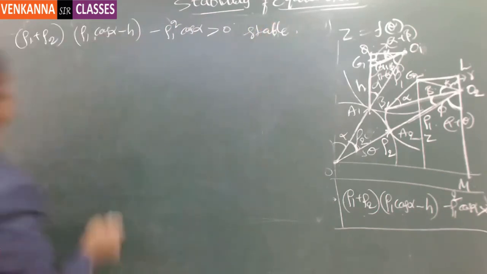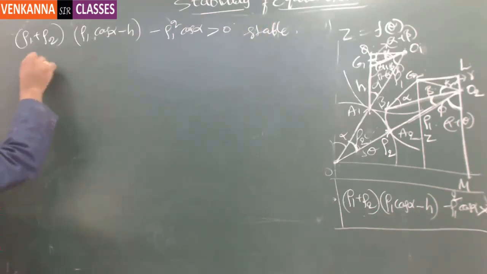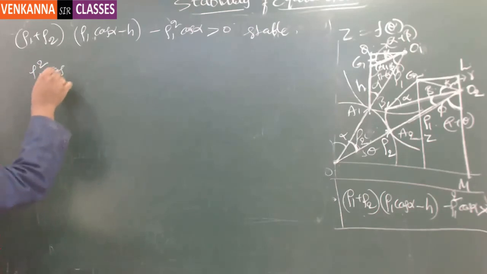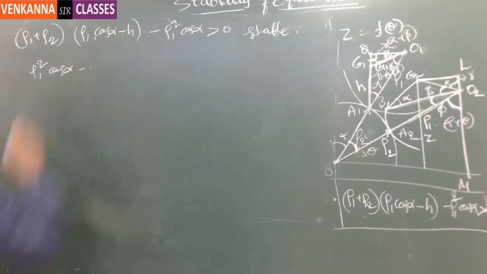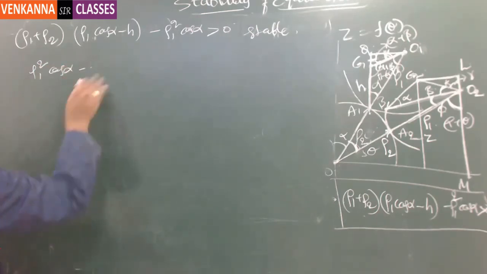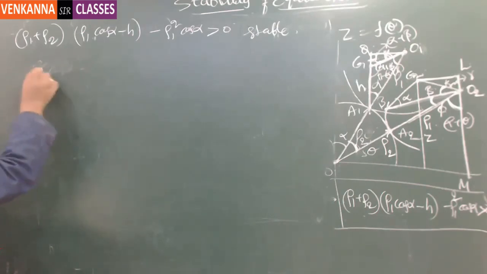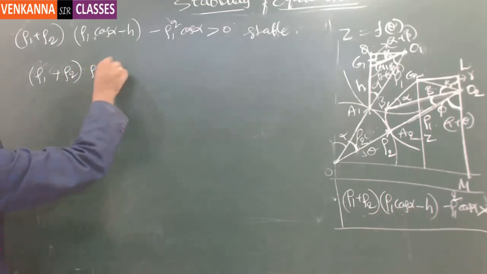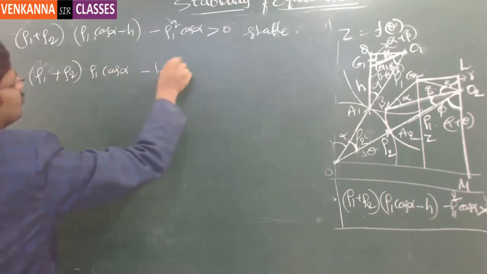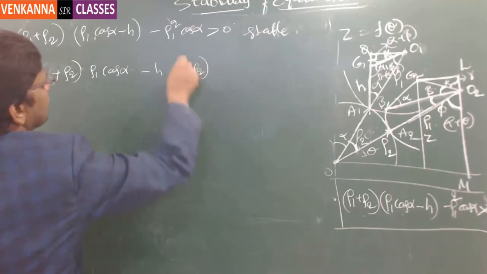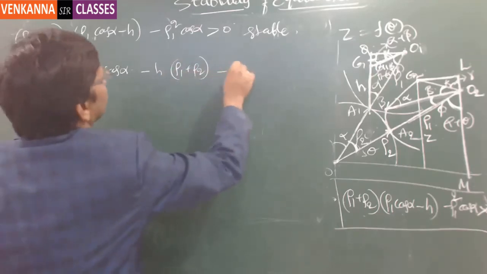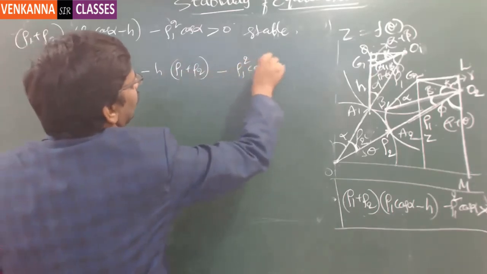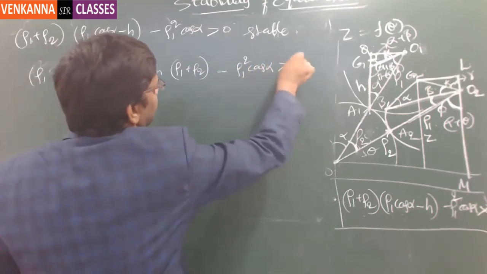Now if you simplify this: rho 1 square cos alpha minus rho 1 plus rho 2 times rho 1 cos alpha minus h times rho 1 plus rho 2 minus rho 1 square cos alpha is greater than 0.